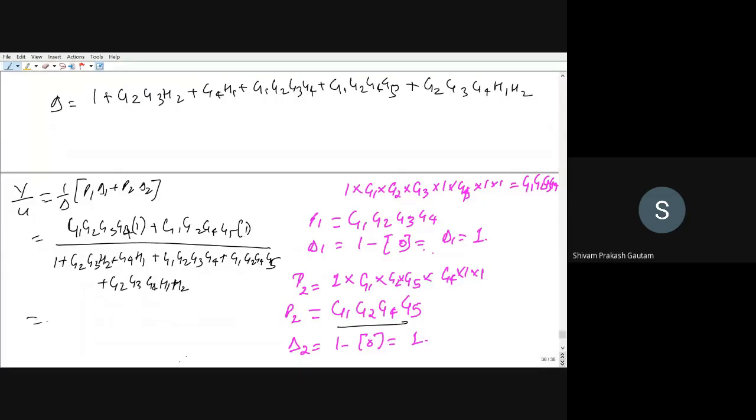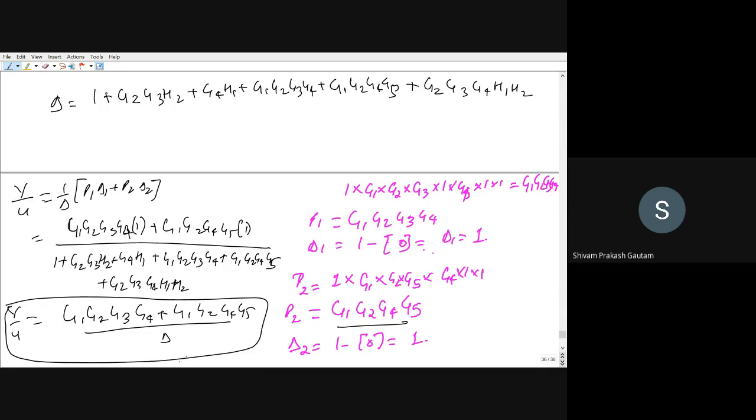This is your transfer function: G1 G2 G3 G4 plus G1 G2 G4 G5 upon del. Del is as I have written it here, so I am not writing it again. So this is your transfer function for the block diagram. We transformed it into a signal flow graph, and then we calculated the transfer function. Does anyone have any doubt? Please ask your doubt.